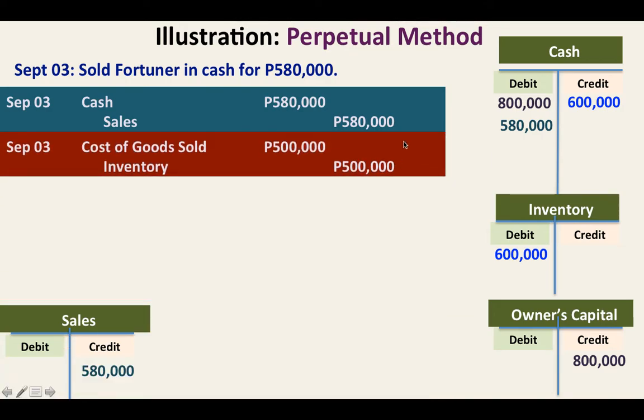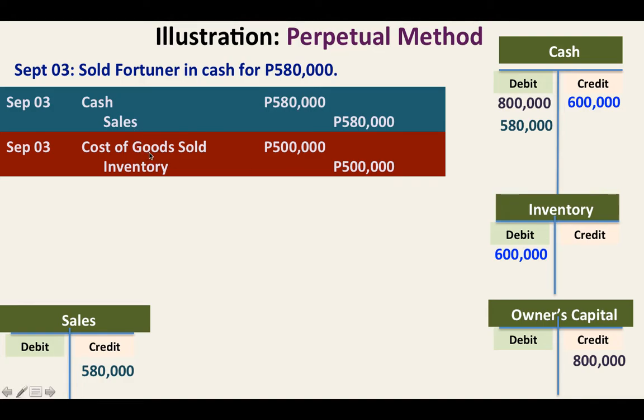So, class, this is the important thing under perpetual method. After sales, you have to make sure that you record the cost of goods sold, because the business can easily monitor the cost of goods sold for each item when you only have a few items. In this case the cost of goods sold of Fortuner is 500,000.